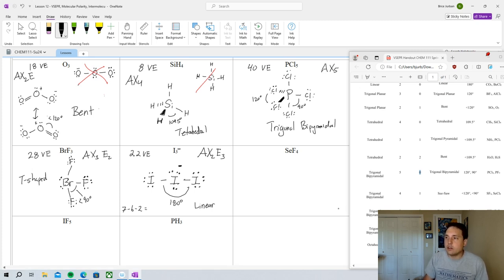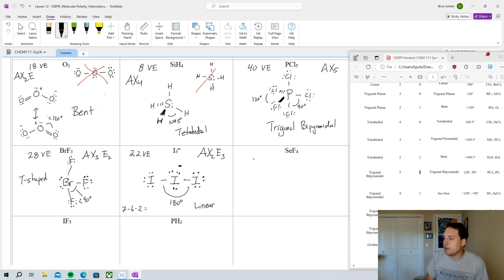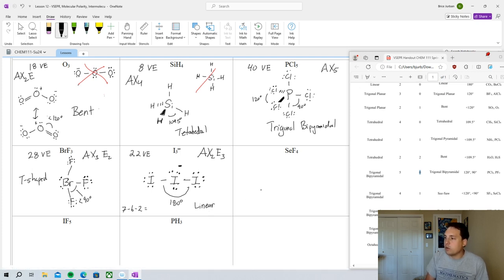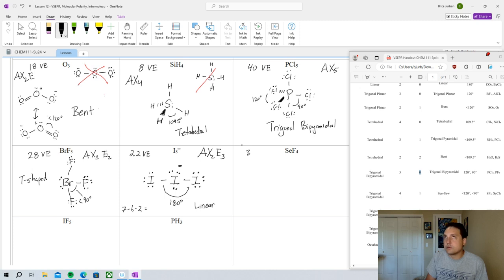Selenium tetrafluoride looks like it might have the same shape as silicon tetrahydride, but it doesn't. And that's because selenium is in the same group as oxygen. So we have 6 plus 28, or a total of 6 plus 28 is 36. Wait, no, 34 valence electrons.